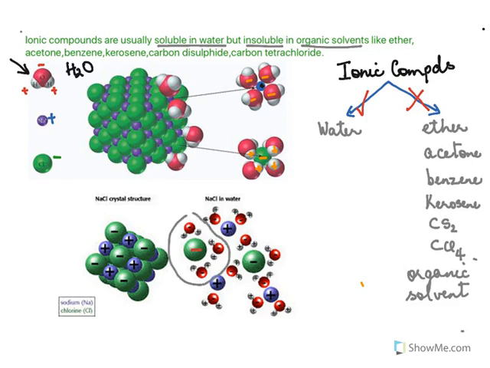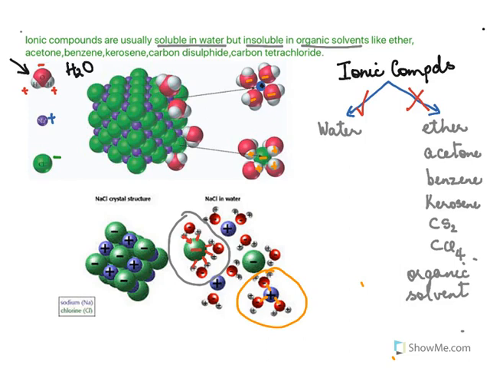Look at this, what is happening here. There is a force of attraction between this positive and negative here. Whereas if you go to see in this picture, now there is a force of attraction between the positive sodium and the negative oxygen.